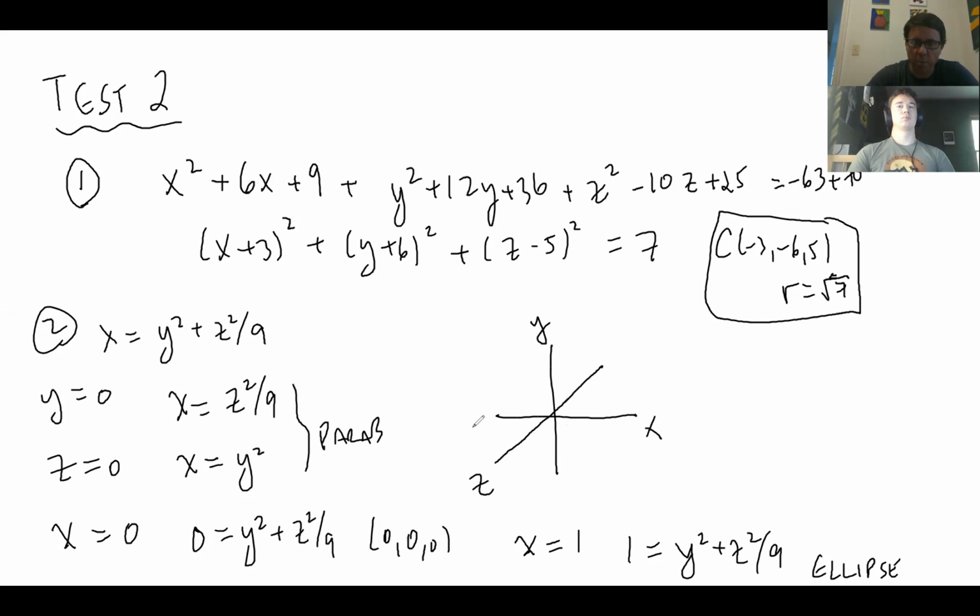So it looks like a parabola, x equals y squared, x equals z squared, and then you have an ellipse. So it looks like a spun parabola, except it's a little bit stretched out because it's not a circle, it's an ellipse. So we just call this a parabola. So that's the answer for part A, anyway.